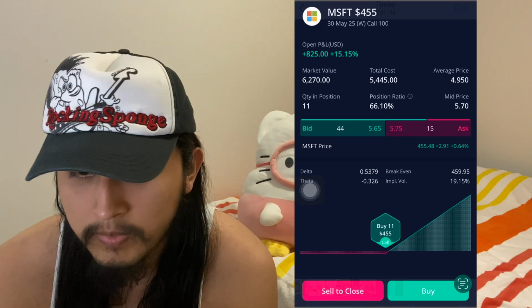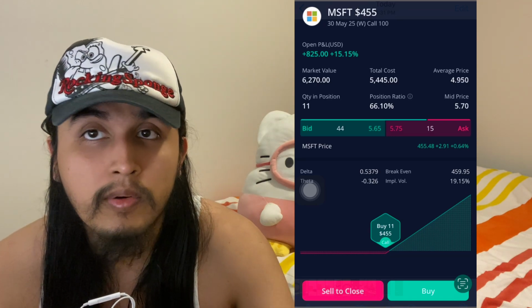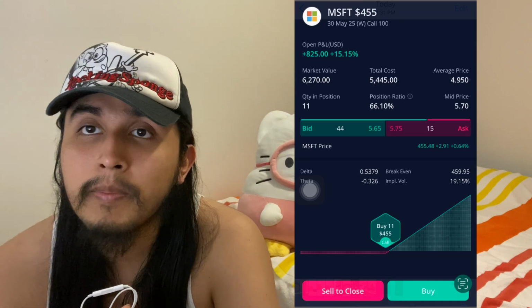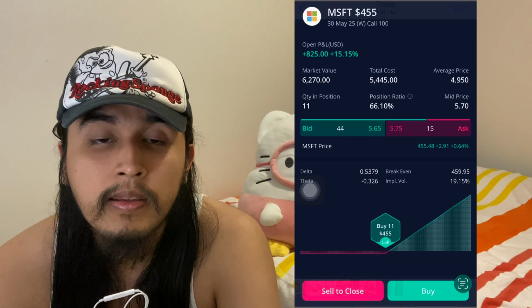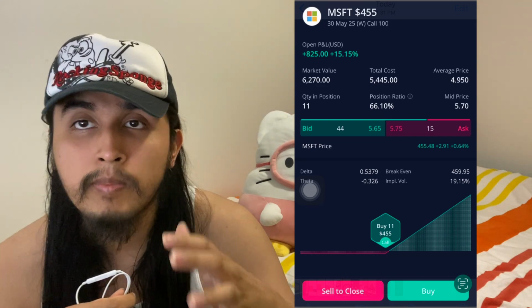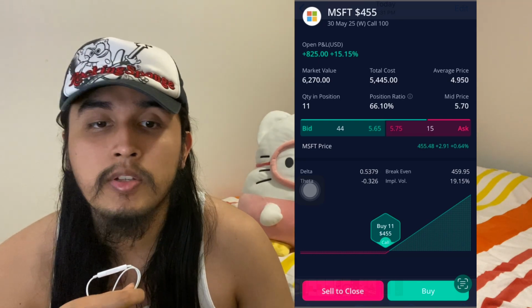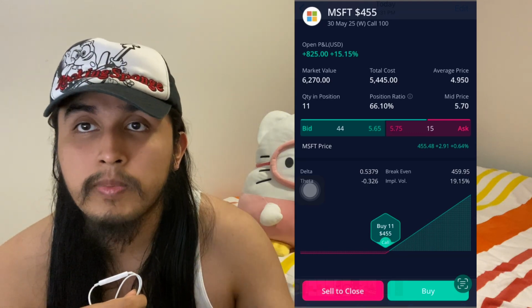So basically, if your position is up 15%, and your percentage target is making a 20% gainer, okay, sell out the position as soon as the position is up 20%.